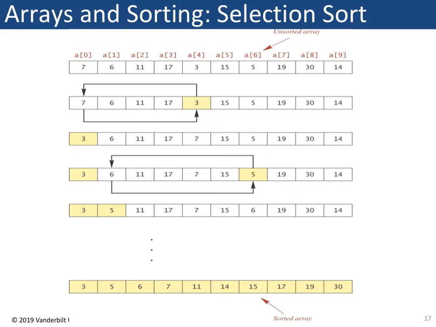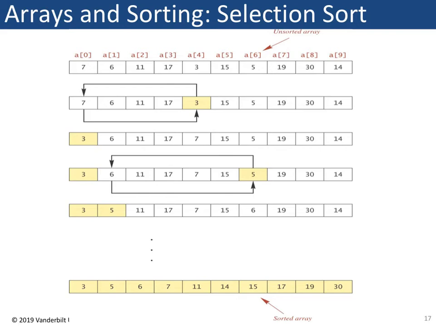So 7, 6, 11, 17, 3, 15, 5, 19, 30, 14. Minimum is 3. We swap 3 into element 0, so 7 goes into element 0, 1, 2, 3, 4. So 3 goes into element 0, 7 goes into element 4. And we can see that effect here.